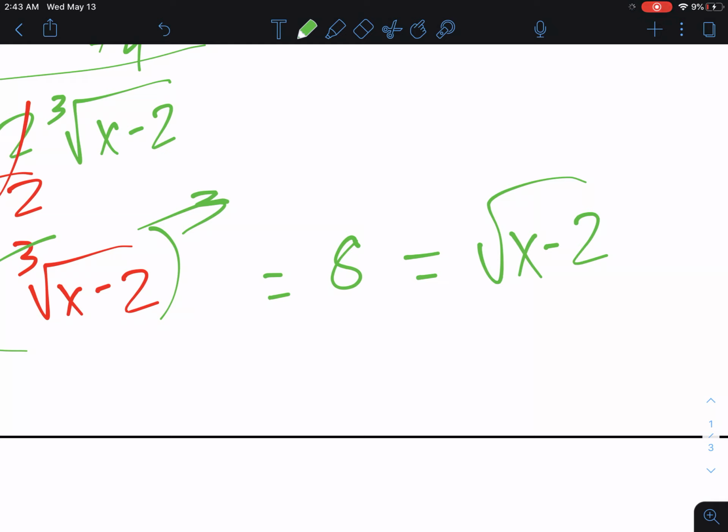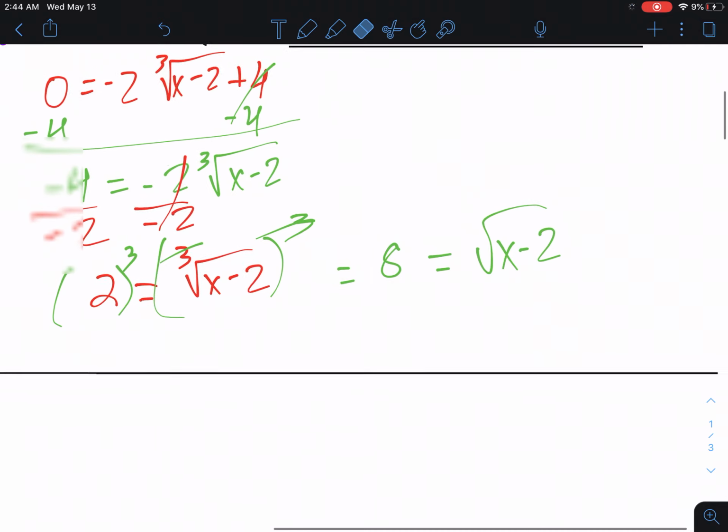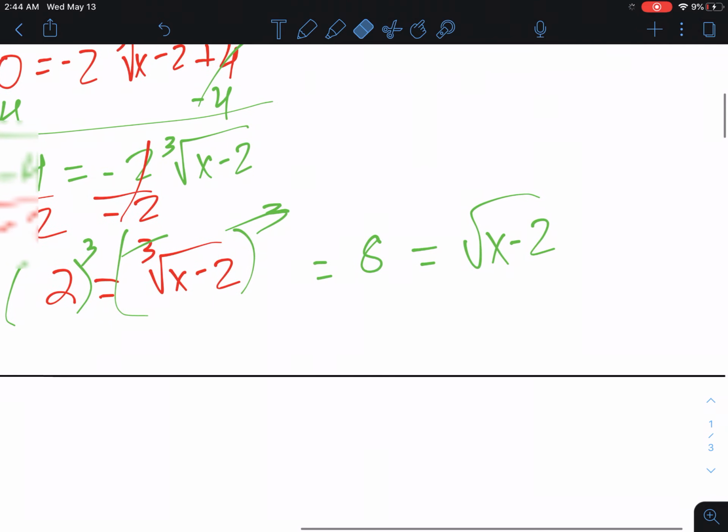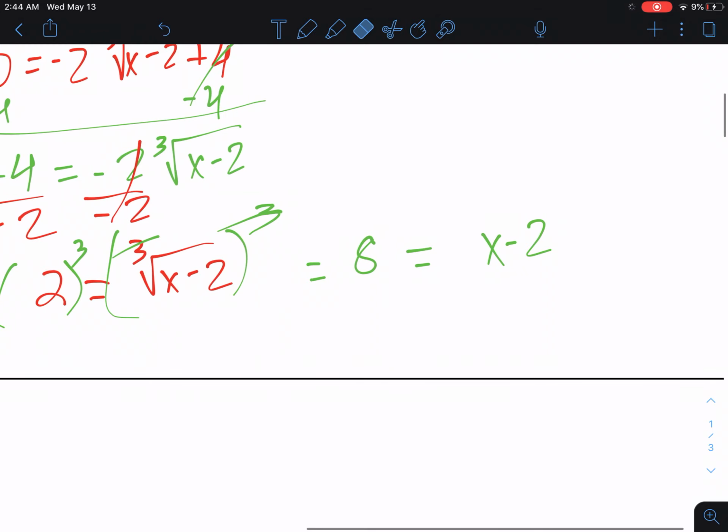It equals x minus 2, not the square root, my bad. So I would have to get rid of the root. So it would just be 8 equals x minus 2.